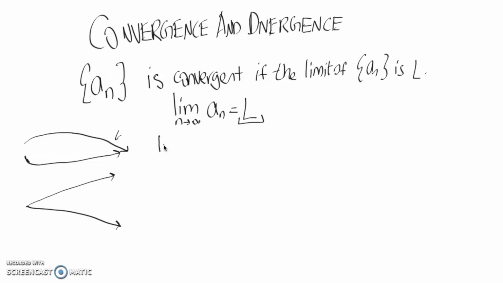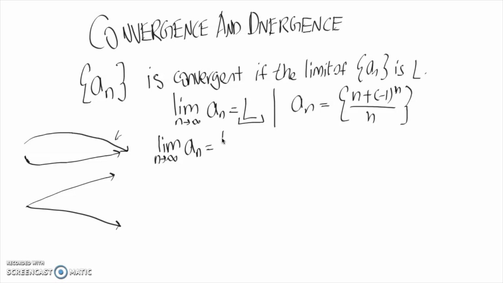So let's say I have the limit as n approaches infinity. Let me just define a_n. a_n is (n plus minus 1 to the power of n) over n. It's a simple n term, so I'm going to substitute this inside this limit to find the limit of this.